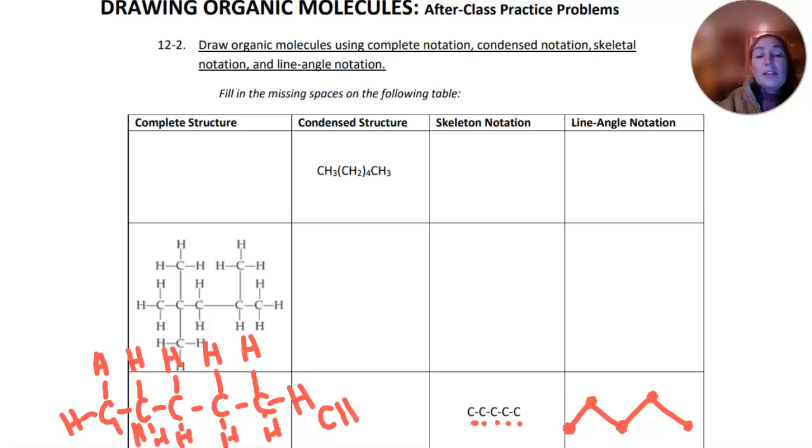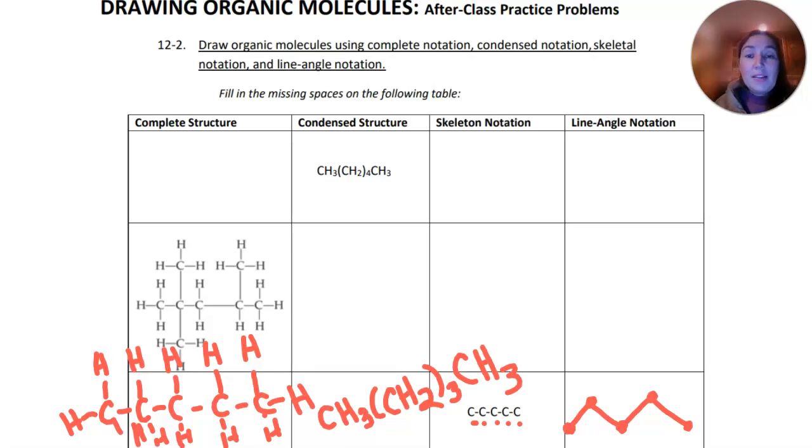Well, we'd have CH3 on the end. We'd have 3 of the CH2s in the middle, and then CH3 on the end for our condensed structure. So hopefully now you feel confident that you can draw various organic structures.